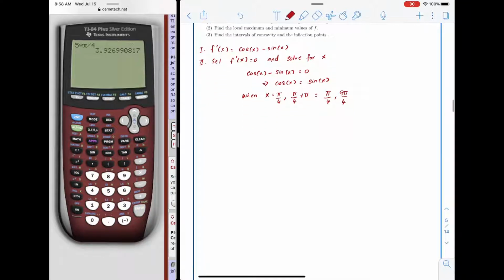Now we simply have to find the minimum and the maximum. So we have 0 to pi. Pi is over here. So I would have pi over 4.